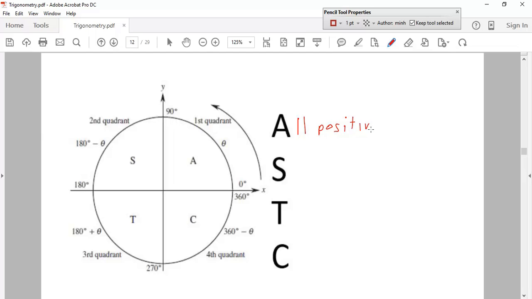In the second quadrant, you notice that only sine was positive. In the third, you'll notice that only tan was positive. And the fourth, you'll notice that only cos was positive.